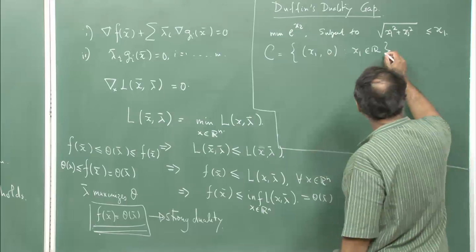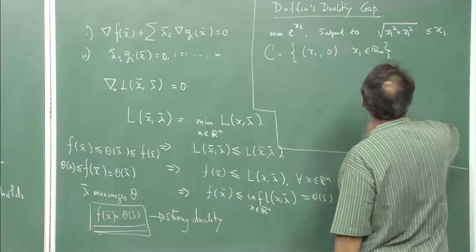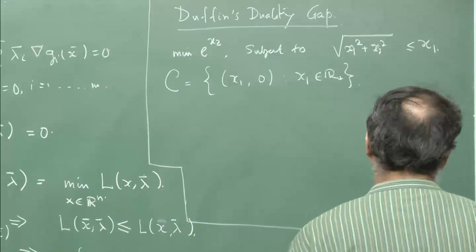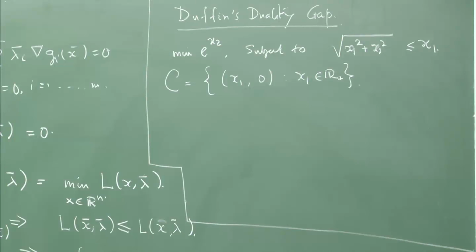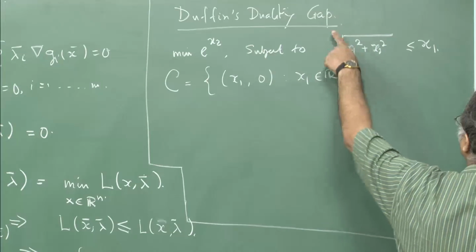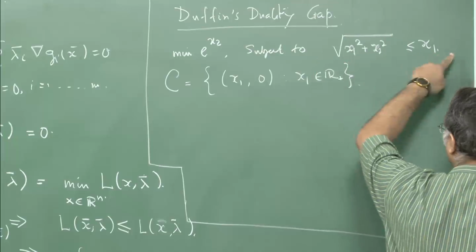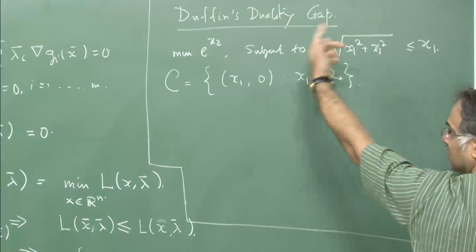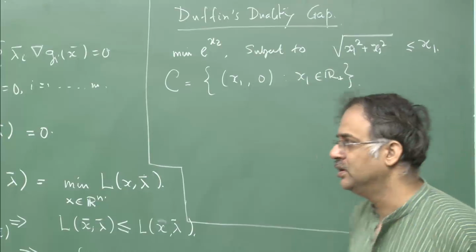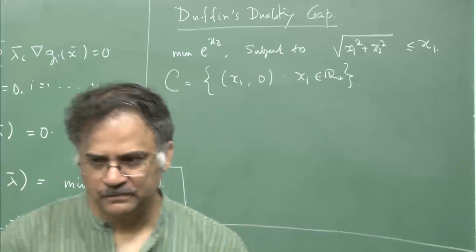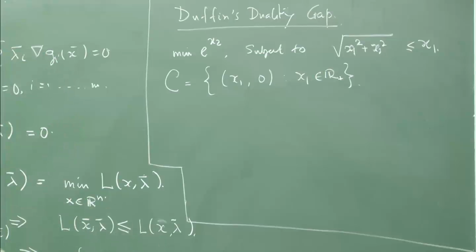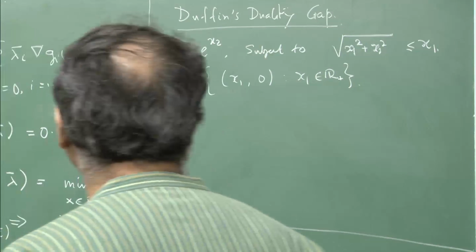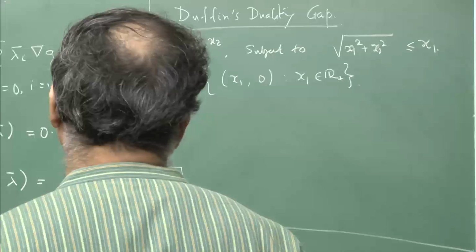So, what has to come is x1 has to be greater than or equal to 0. I cannot take x1 to be negative, by the very expression of this inequality. So, that is my feasible set.